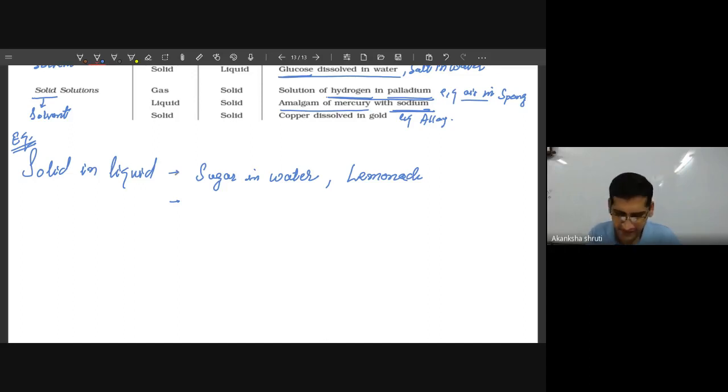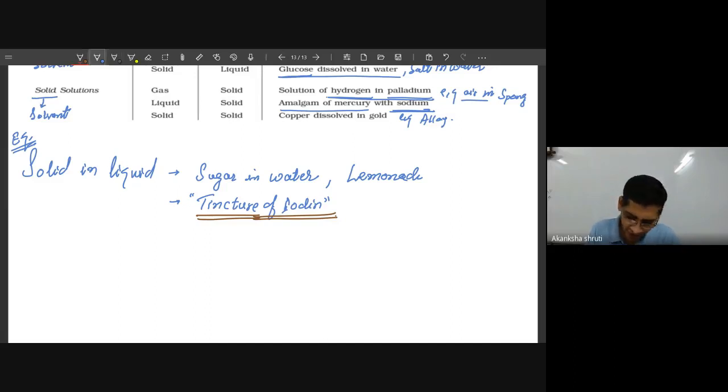The other important one is called tincture of iodine. So this term is important. Student, this tincture of iodine is very important.